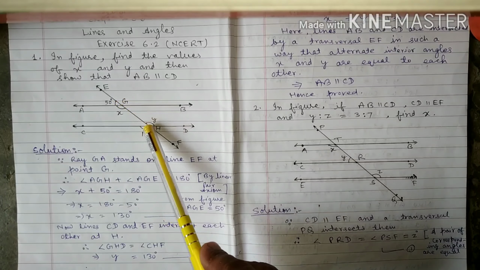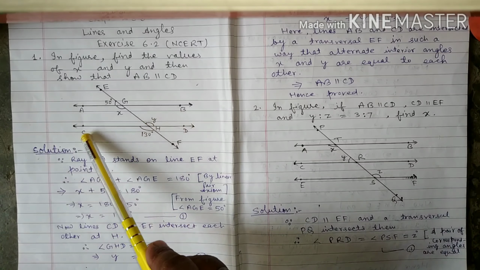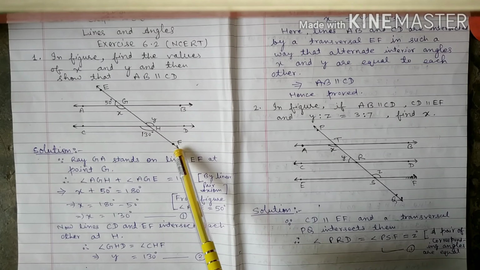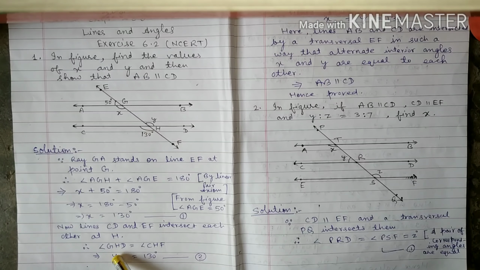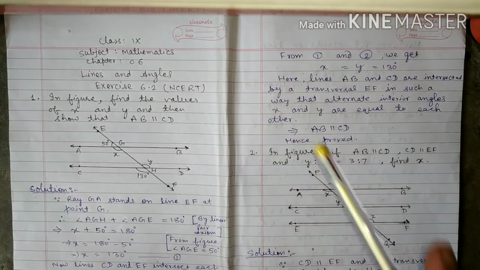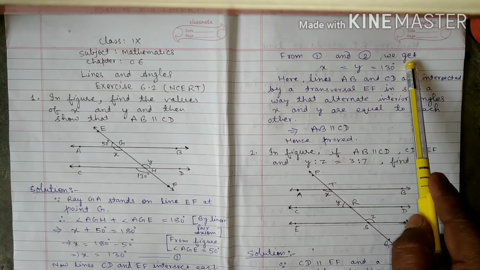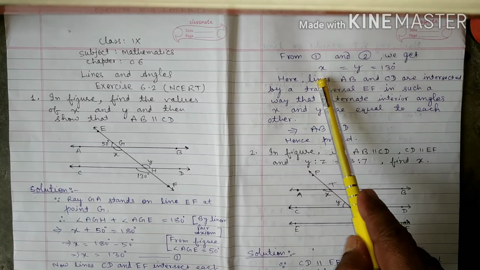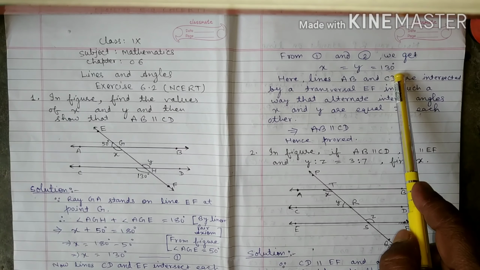Here GHD equals y, given in the figure, and angle CHF is equal to 130 degrees, also given in the figure. Therefore, y is equal to 130 degrees. We consider this equation 2. From equations 1 and 2, we get x equals y equals 130 degrees.